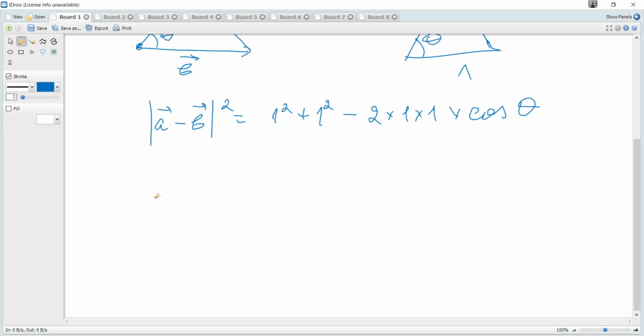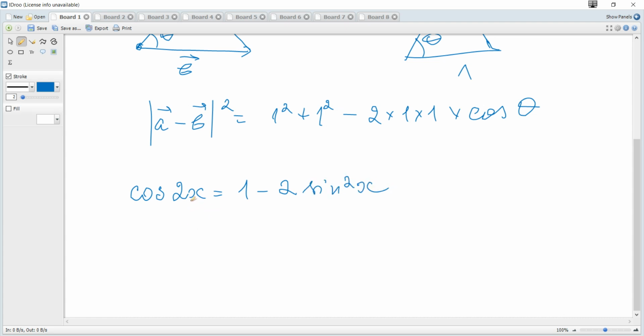And I don't remember it. You may use it directly from the data booklet, but I remember that cosine of 2x is cosine squared x minus sine squared x, and cosine squared is 1 minus sine squared, so it becomes 1 minus 2 times sine squared of x.